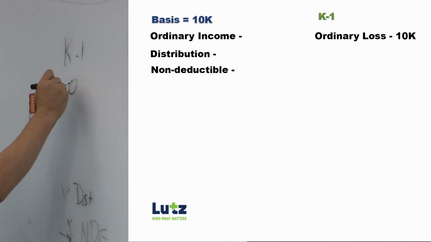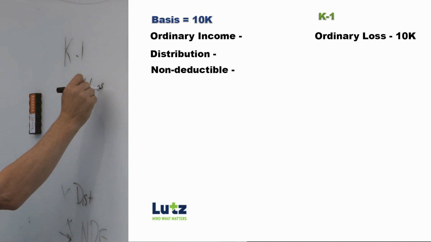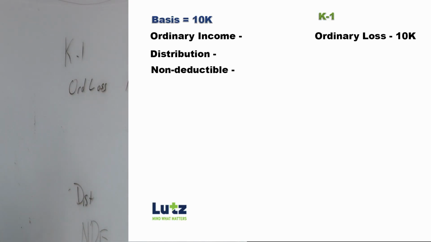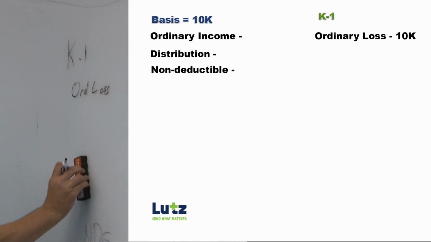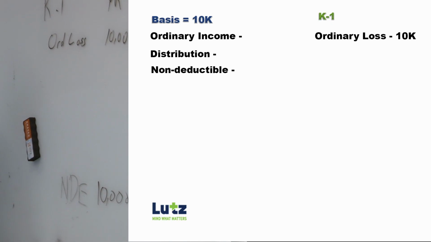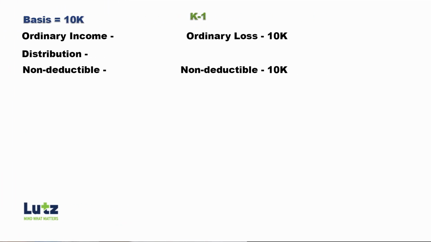I have an ordinary loss of 10,000. I have no distribution, and I have non-deductibles of 10,000. Okay, so my beginning basis is 10,000. My K1 is an ordinary loss of 10,000, and my non-deductibles are 10.